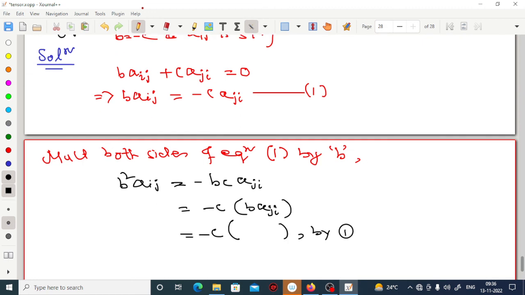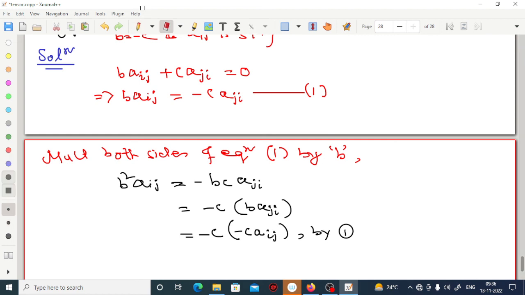So what can I do? I know the value of B aij, so what is the value of B aji? Definitely I have to interchange i and j in equation number 1. If you interchange i and j in equation 1, then you get the value of B aji. So what is that? That is negative of C, then it is Aij.